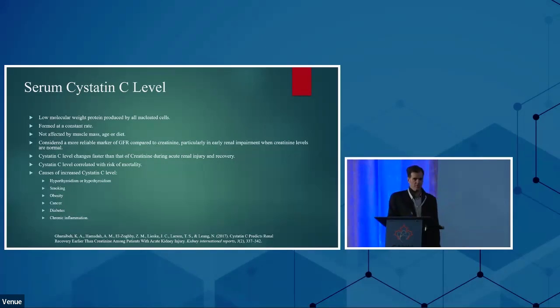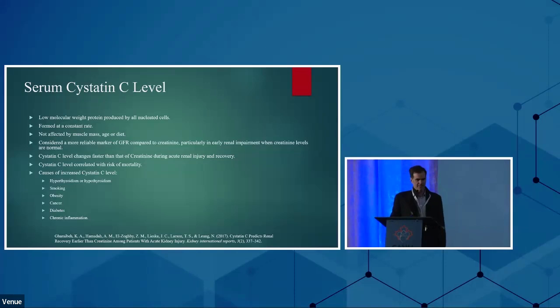Now, I'll just briefly mention the cystatin C level. It is formed at a constant rate, and it is a blood test that is more of a real-time estimation of GFR than creatinine. So it predicts early impairment of function and early recovery faster than creatinine.